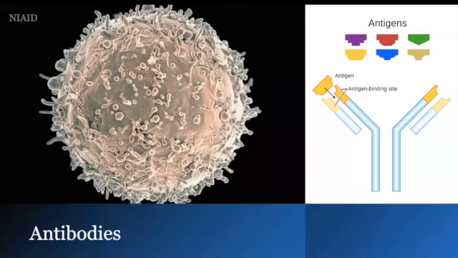They are structurally similar to a Y shape with two antigen binding sites. And again, it's very specific to one antigen. In this picture, this antibody is only going to bind to that one yellow antigen because of that very specific shape. It's not going to bind to other antigens or even other epitopes of the same antigen.